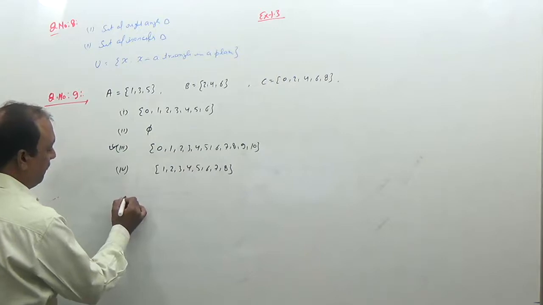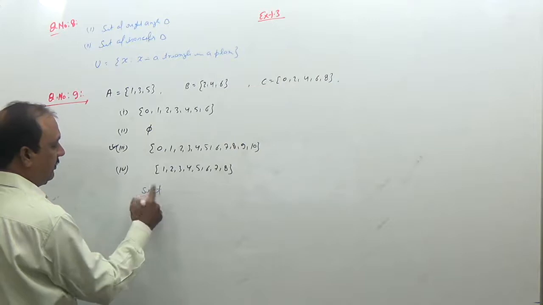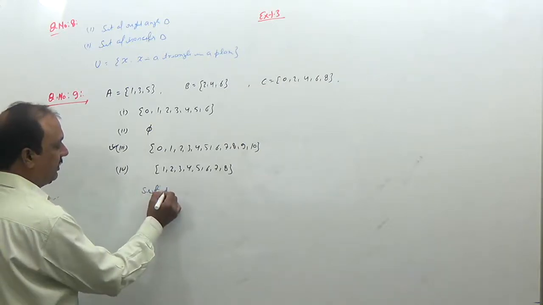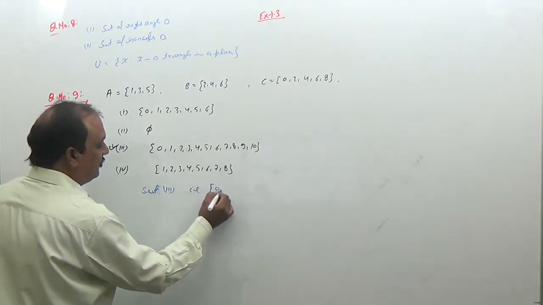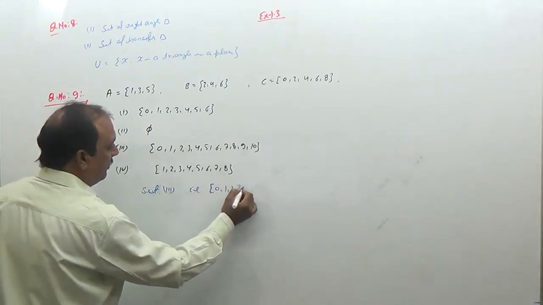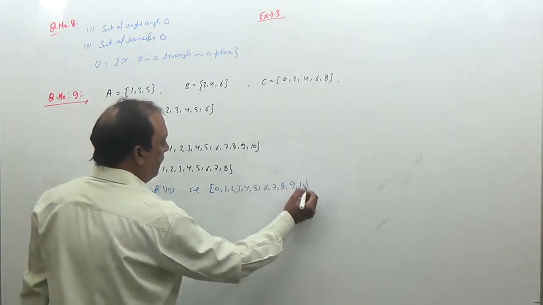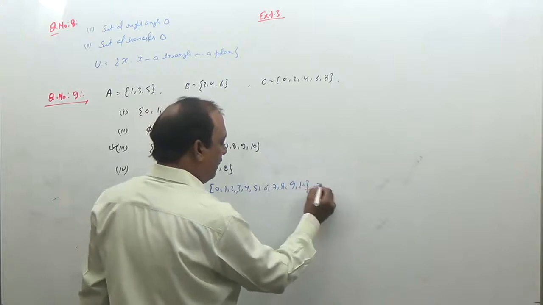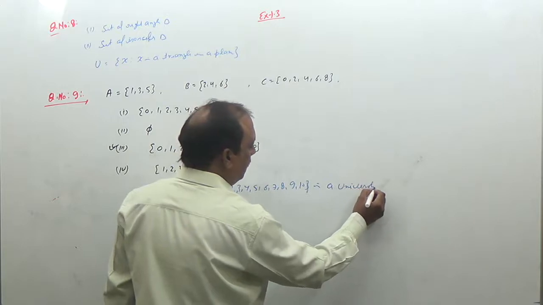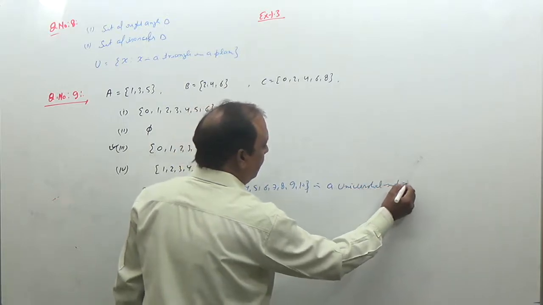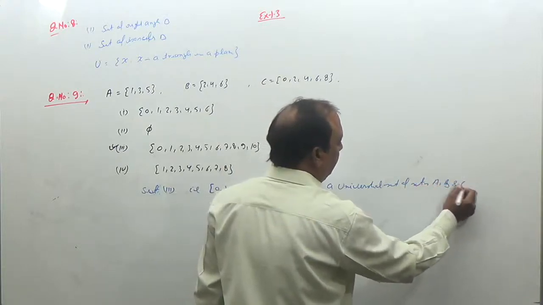So the answer is the third set, that is 0, 1, 2, 3, 4, 5, 6, 7, 8, 9, 10, which is a universal set of sets A, B and C.